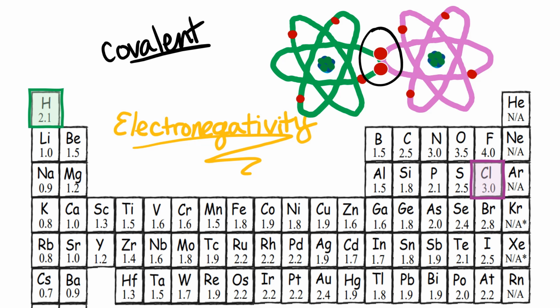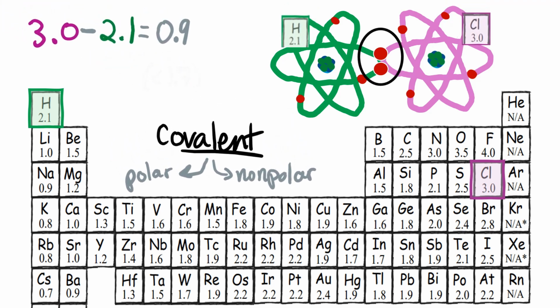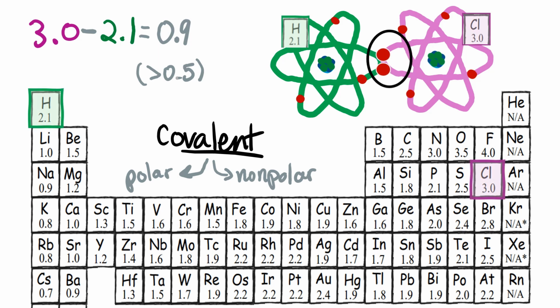Covalent bonds can be polar or nonpolar. If the difference in electronegativity is not high enough to cause ionization, but is at least more than 0.5, like with hydrogen and chlorine, instead of completely stealing the electron, the chlorine will just sort of hold tightly to those electrons in the resulting covalent bond.